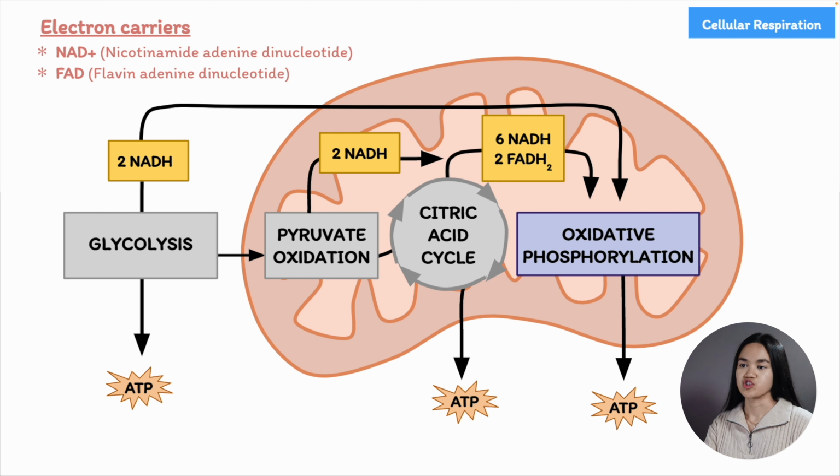You'll see how energy is transferred in the making of NADH and FADH2, and how during the final stage of cellular respiration, they pass their electrons and are converted back to NAD+ and FAD. And the energy released is used in ATP production. Okay, let's now subtract complexity and go through the first metabolic stage, glycolysis.